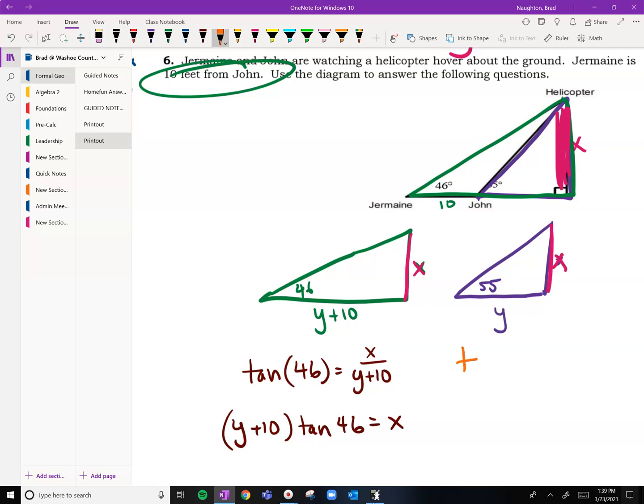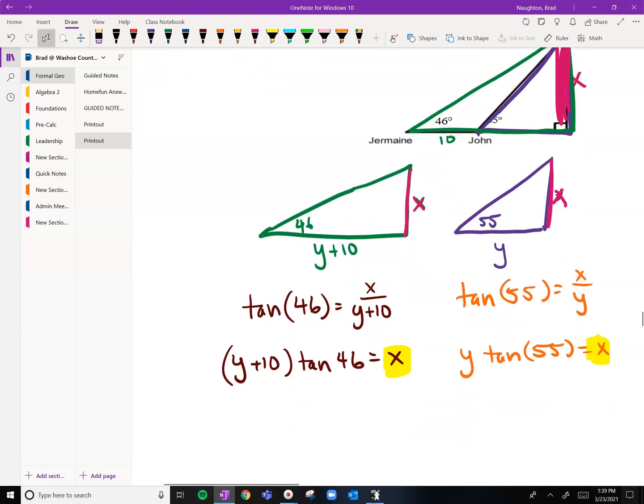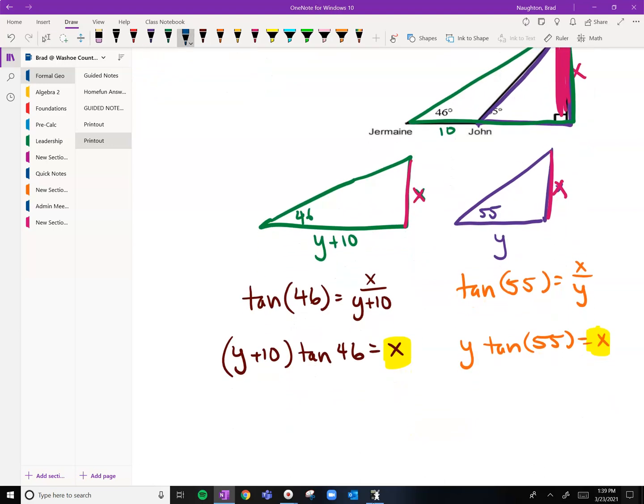And on this one, it's going to be tan 55 is equal to opposite over adjacent. So this will be Y tangent 55 is equal to X. Well, again, equal to the same X. So let's take our middles and set them equal to each other. So Y plus 10, and then you probably plug this right in the calculator right off the bat.